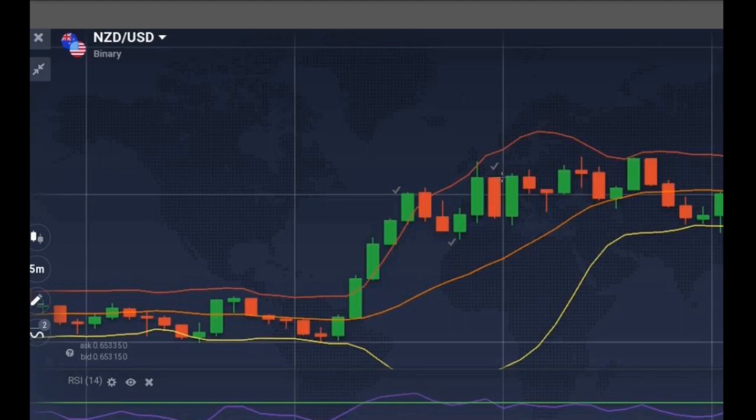Immediately it touches the upper body of the confirmation candle, enter the trade. You are just looking for a touch. You don't want the price to close. You just want the price to move back up and touch the upper body of the confirmation candle, which is this red Marubozu over here.